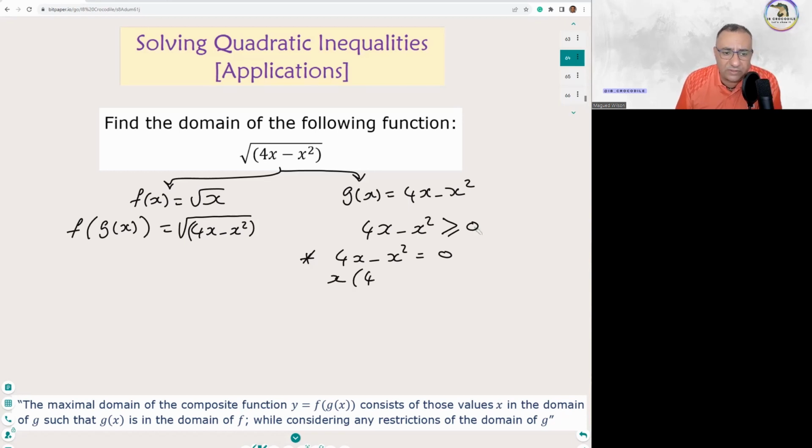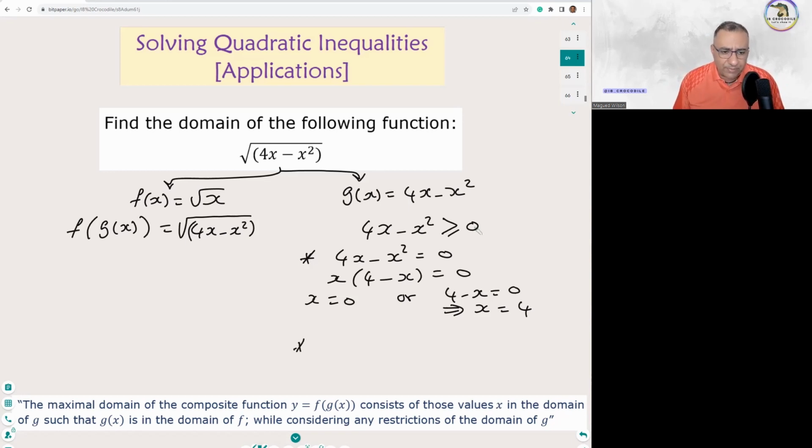What is left is 4 minus x equals 0. So x equals 0, or the second factor, 4 minus x equal to 0, implies x is equal to 4. This is the second step, to find the zeros of the inequality.